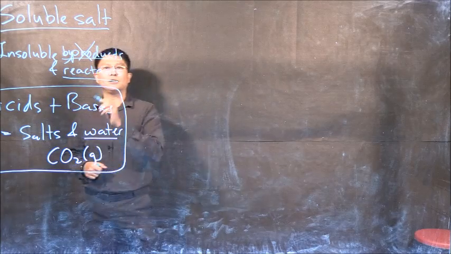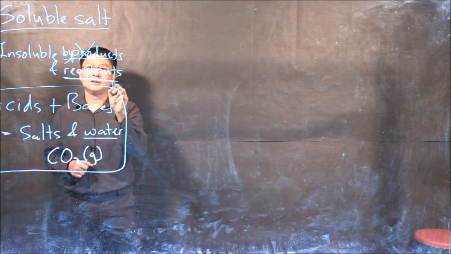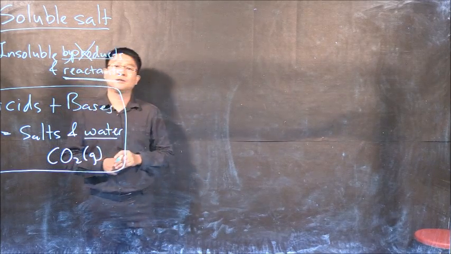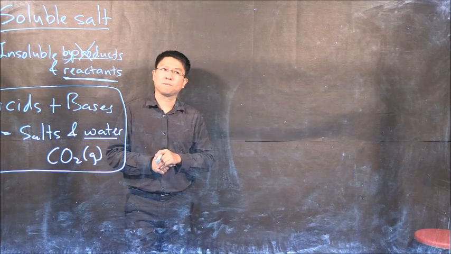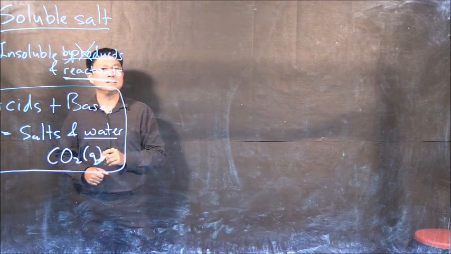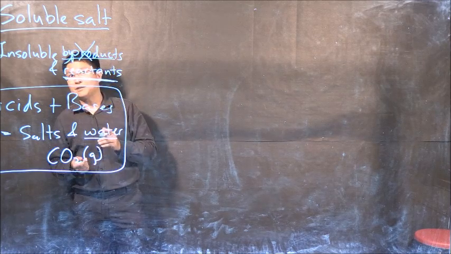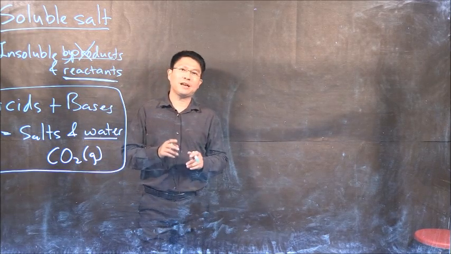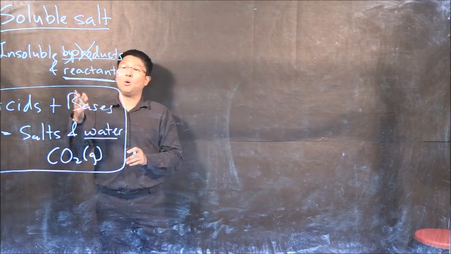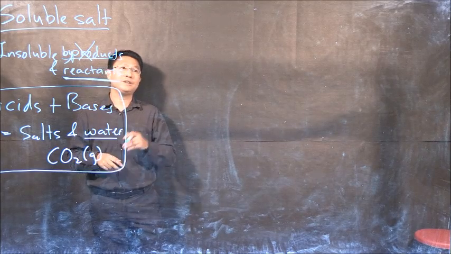So now all we need to concern ourselves with is finding an insoluble reactant. But can we have two reactants that are insoluble? Well, in that sense, no. Therefore, it makes sense for us to first try to find one insoluble reactant.